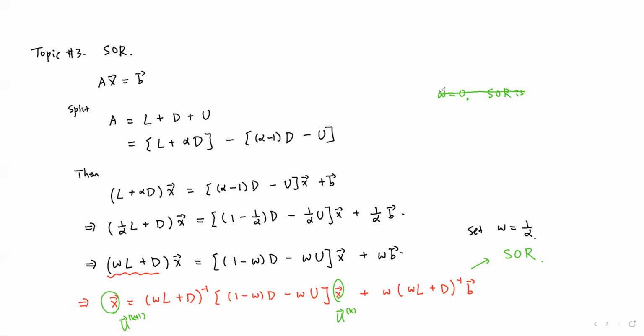Omega is 1: SOR is Gauss-Seidel. Omega is 1, so (L plus D) inverse, and 1 minus 1 is 0, so this term is gone. So here negative U. Exactly. When omega is 1, it is Gauss-Seidel.